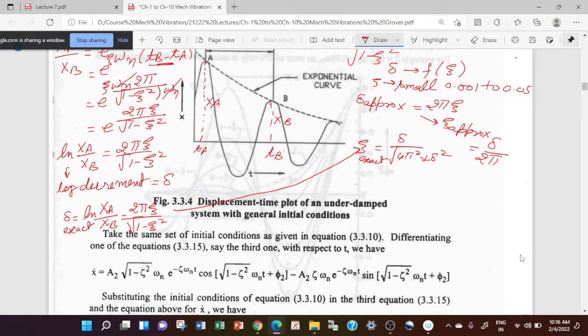Now you can also plot these two graphs. The first one is this one, the second one is this one, and you will have a graph between zeta and delta. For this one it is a straight line, while for the exact one it will be like this. This is the exact graph here. So in this way, if you know delta, you can find the damping factor.